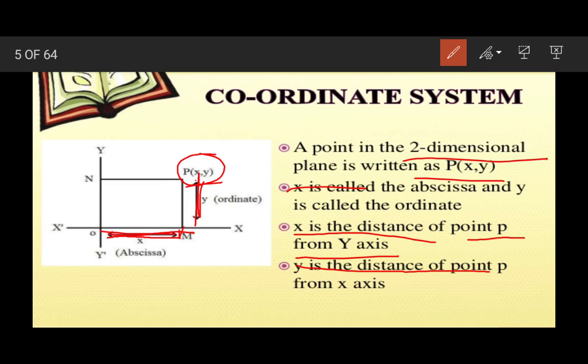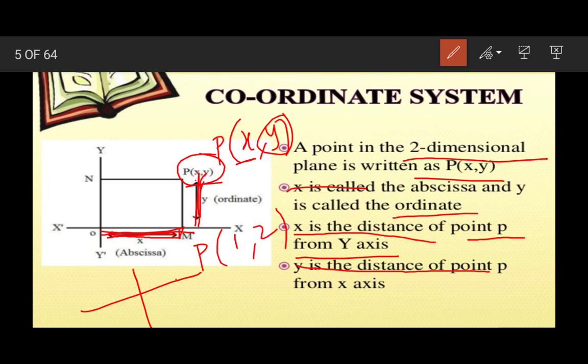Then x is called the abscissa and y is called the ordinate. So when I say P(1, 2), that means the x value is 1 and the y value is 2. So the point is here. This point is P(1, 2). Clear?